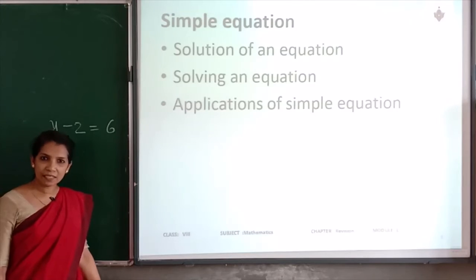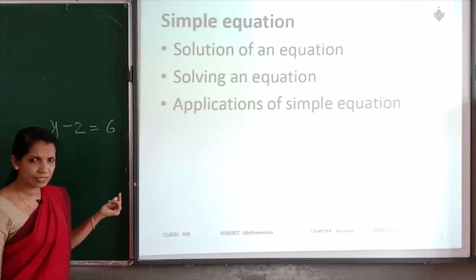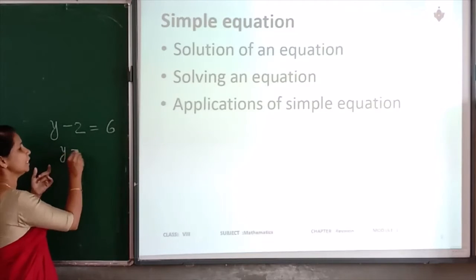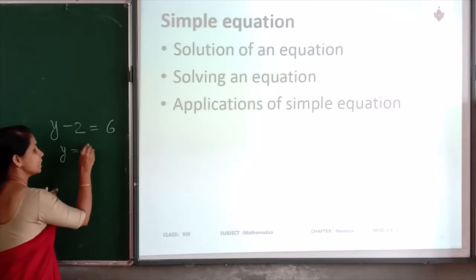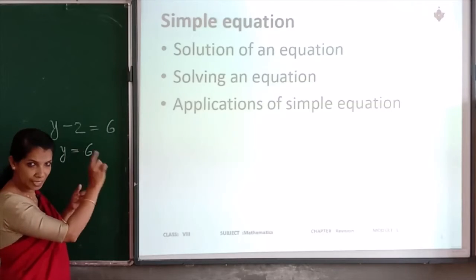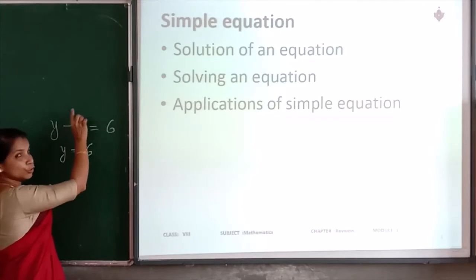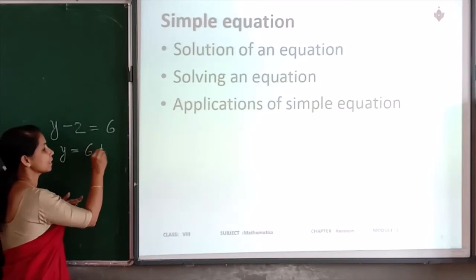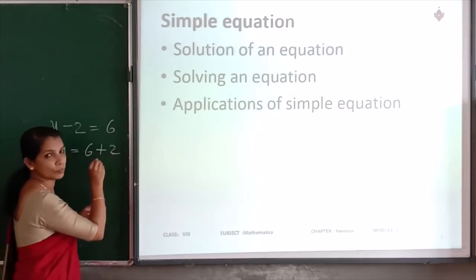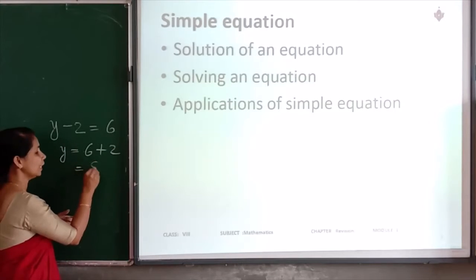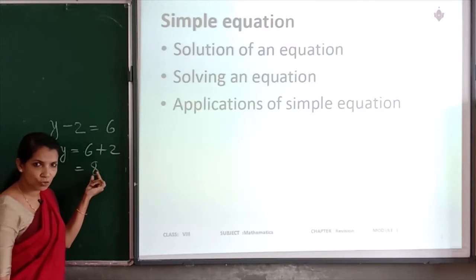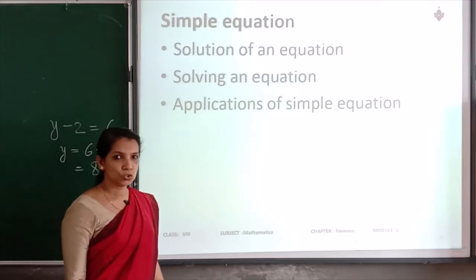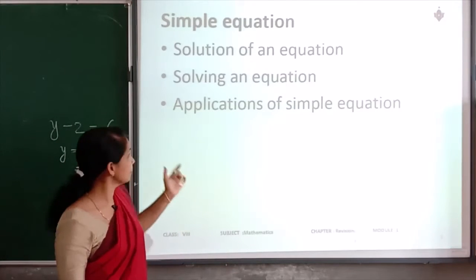You have studied in class 7 how to find the solution. Just we will revise one equation. y is equal to 6, you have to transpose this minus 2 to the other side. So it will become 6 plus 2, that is equal to 8. So what is the solution of this equation? y equal to 8 is the solution of this equation.